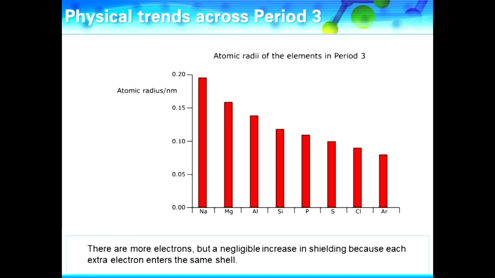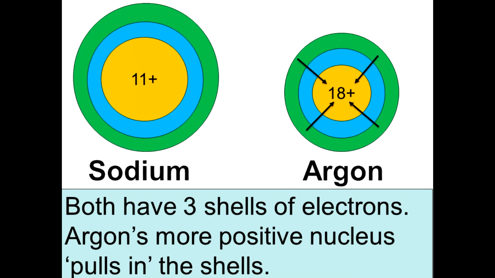Wrong! As you go across, the electrons enter the same shell, so there's no change there, but the nucleus gets more positive as you cross the period, so the electron shells are pulled in more strongly.